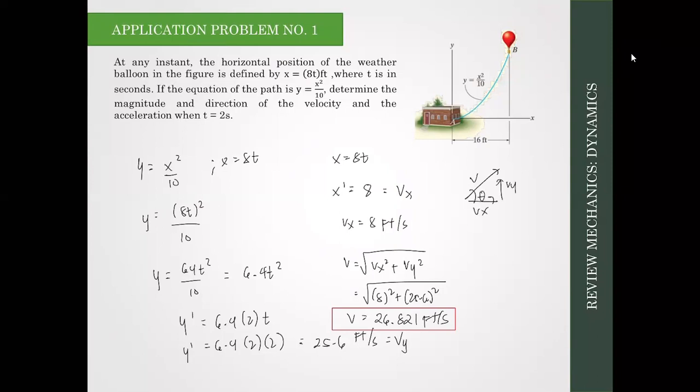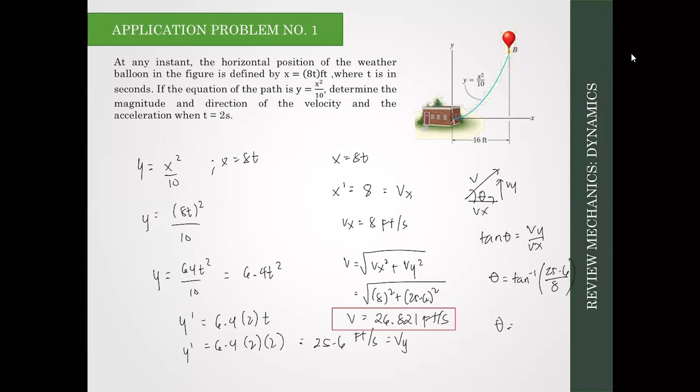So para makuha natin yung direction ng velocity natin, that will be, na tayong vy and vx, so tangent of theta will be equals to vy over vx, or theta is equals to shift tangent or arc tangent of vy natin is calculated as 25.6 all over vx.